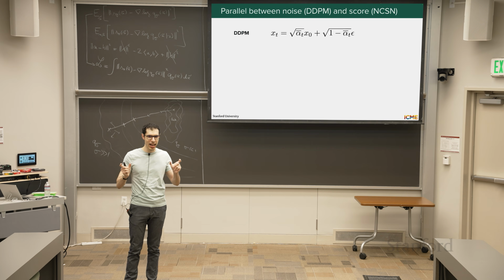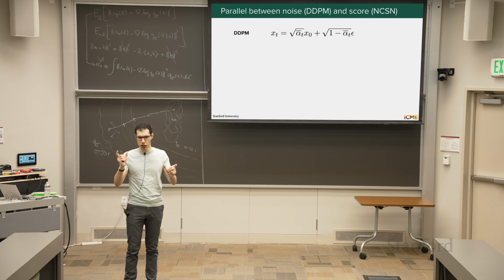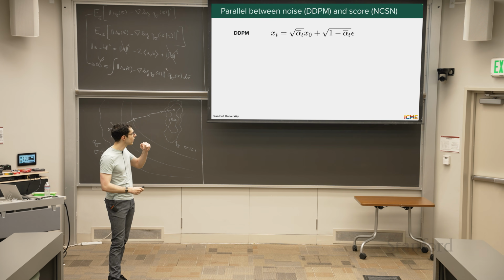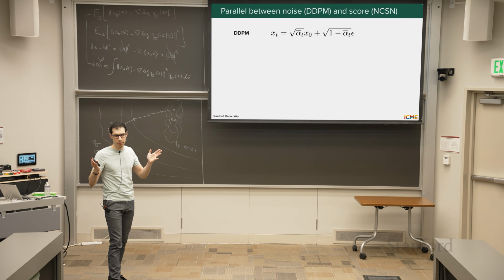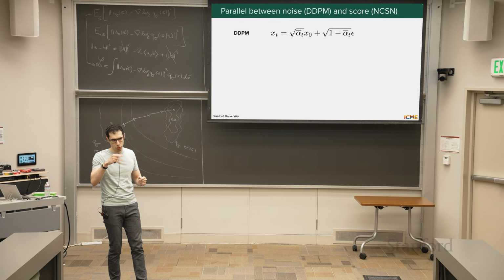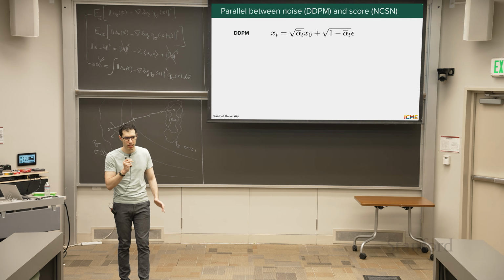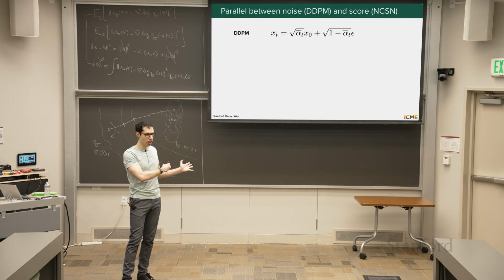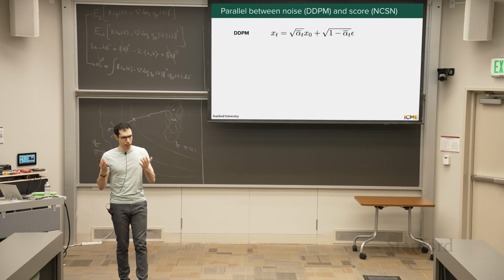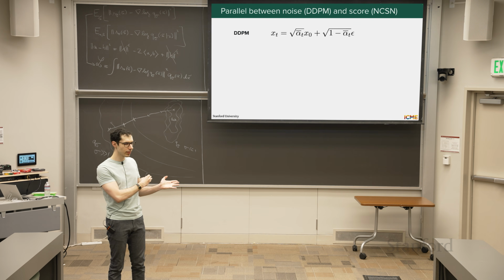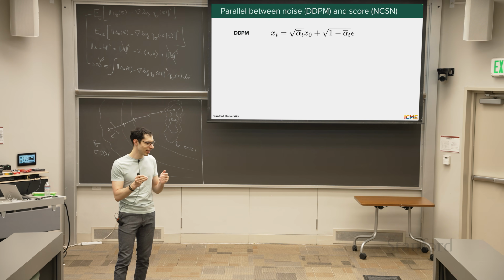We had these coefficients, and in this case, the noised image was the square root of alpha t bar times your clean image plus the square root of 1 minus alpha t bar times the noise. What I told you here also involves noise, right? So a natural question you may ask is, how does the score relate to the noise prediction task that we saw last week?